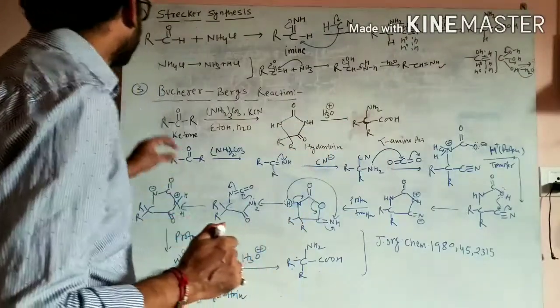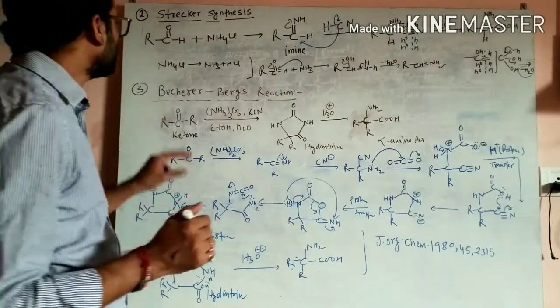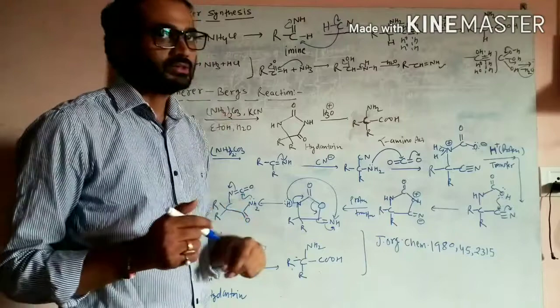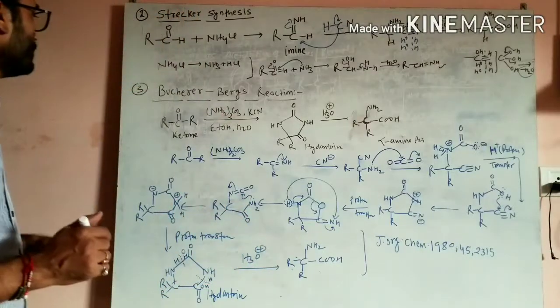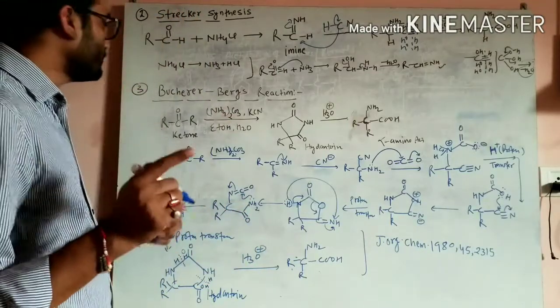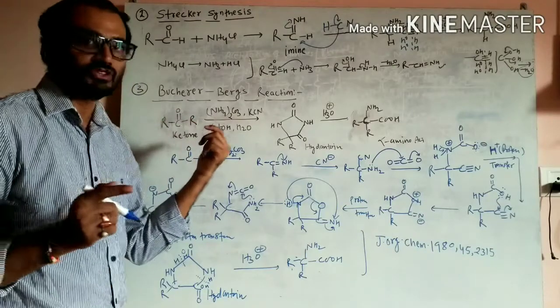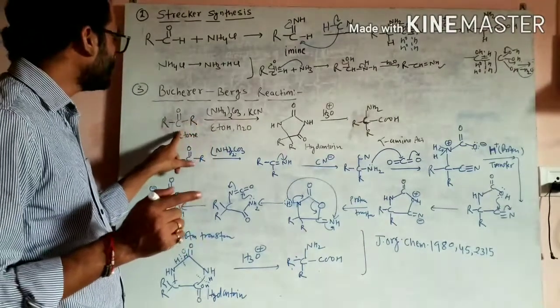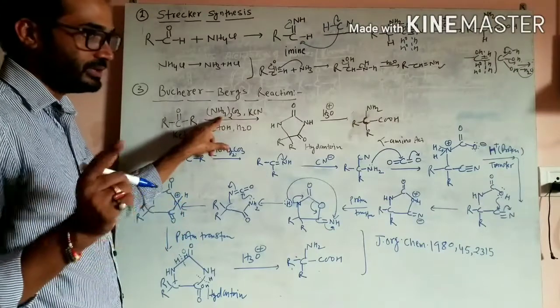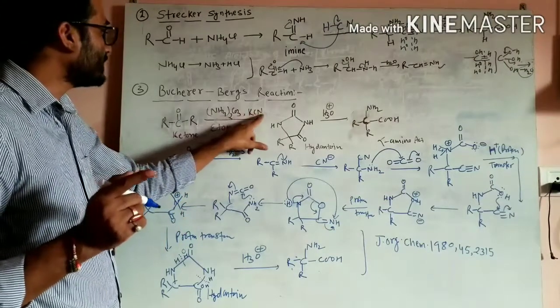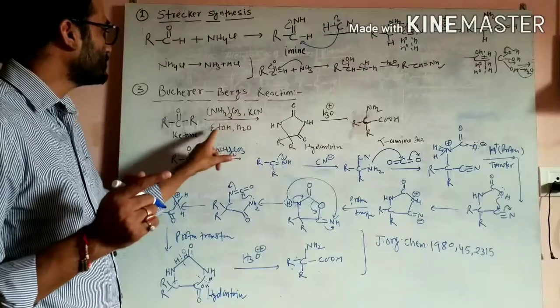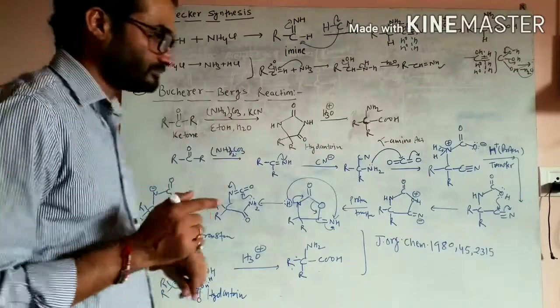Now the third procedure is the Bucherer-Bergs reaction. What is the Bucherer-Bergs reaction? Here, we take a ketone as the starting material, and this ketone is reacted with ammonium carbonate and potassium cyanide, and the solvent is a mixture of water and ethanol.